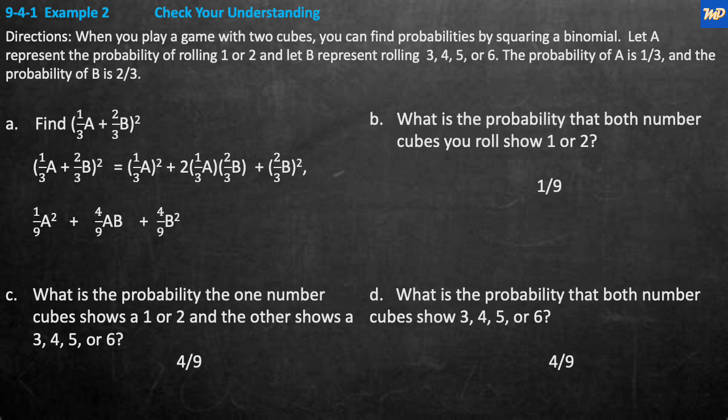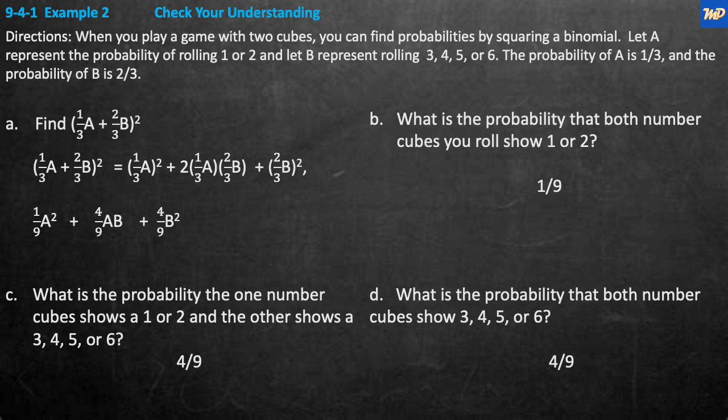If you roll a 1, that's an A roll. If you roll a 2, it's an A type roll. And we'll let B represent rolling a 3, 4, 5, or 6. If you roll a 4, you rolled a B roll. So they labeled letters on rolls that had those numbers on them. So you've got A rolls and B rolls.